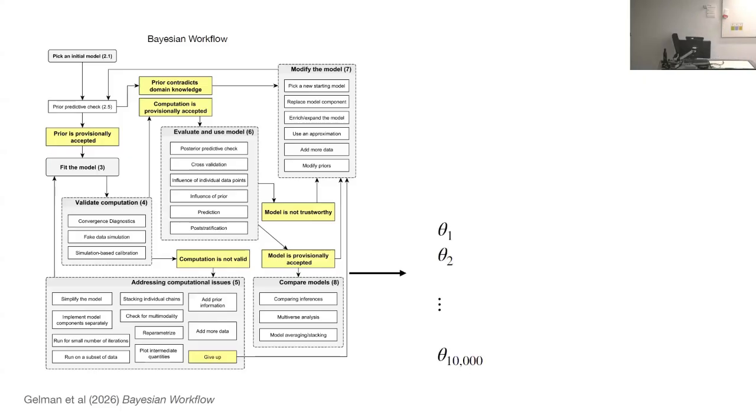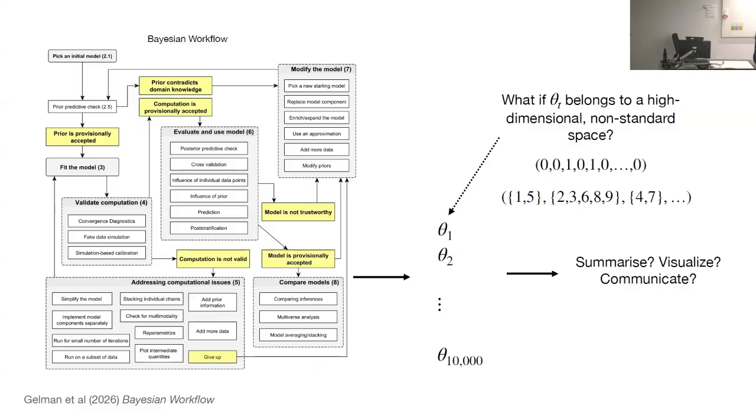And at the end of this workflow, what do you get out? Typically you get out tens of thousands of samples of some parameters or some predictive quantities of interest. Okay, so we're at the end of this, and the question we want to ask is, how do we summarize, visualize, and communicate all these different samples that we have?